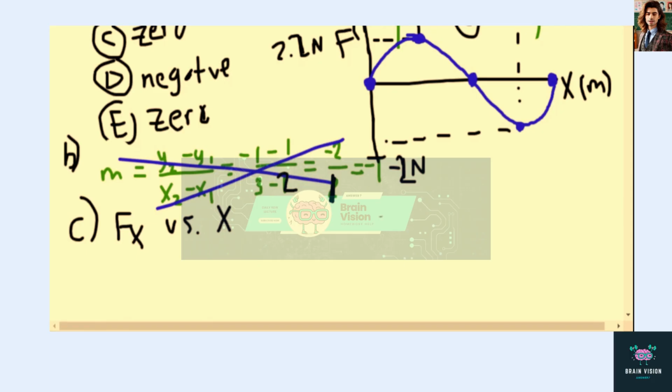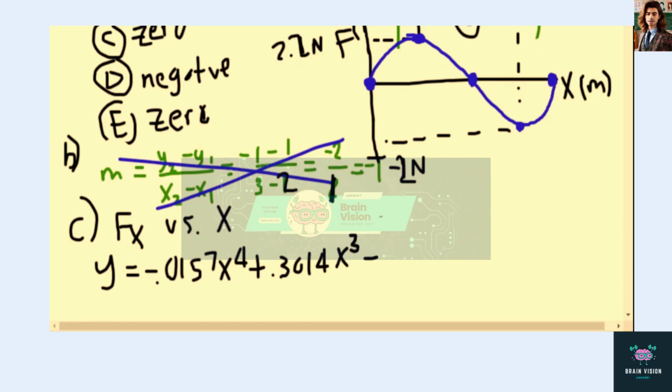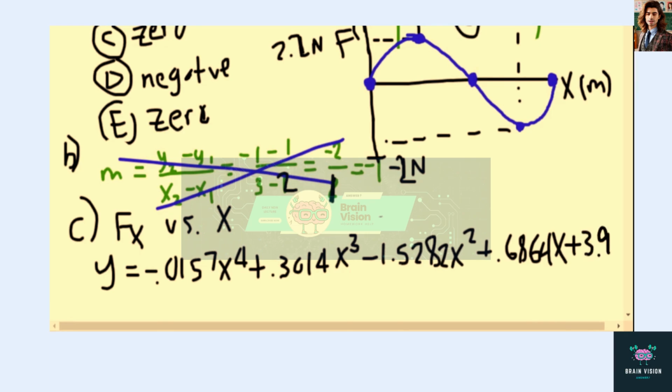By the way, when I fit an equation to it, my actual equation was y equals negative 0.0157 x to the fourth power plus 0.3014 x to the third power minus 1.5282 x to the second power plus 0.6864 x plus 3.9, and then the opposite derivative looks like this.